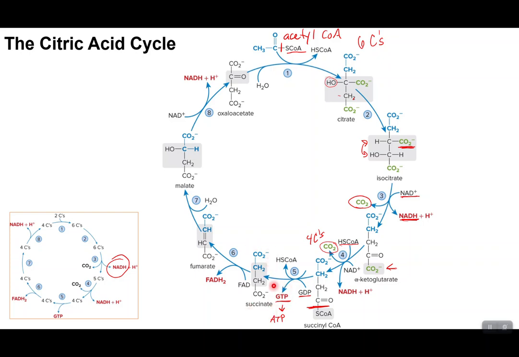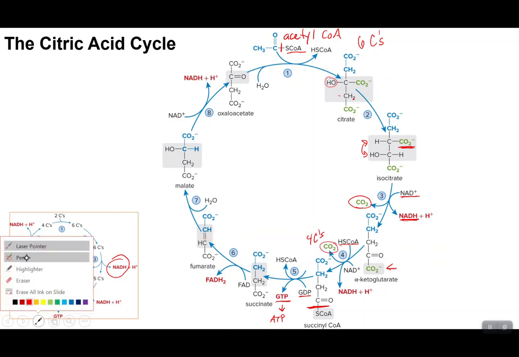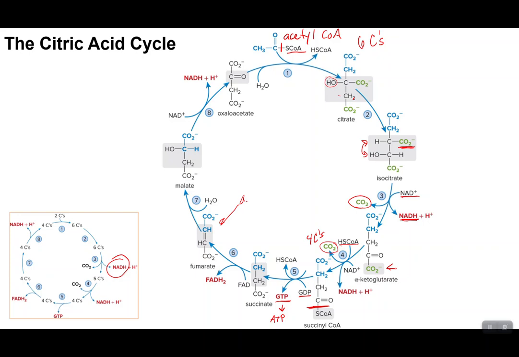So now we're here at succinate. If we look closely at what is going on between succinate and the product fumarate, in this shaded gray region, we see that 2 hydrogens have been removed in order to create an alkene in this step. So here we have created an alkene.